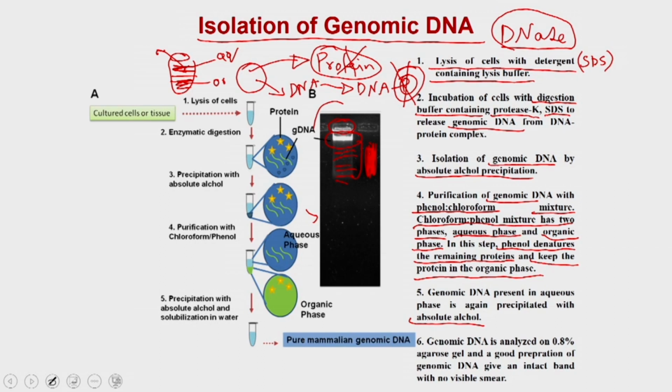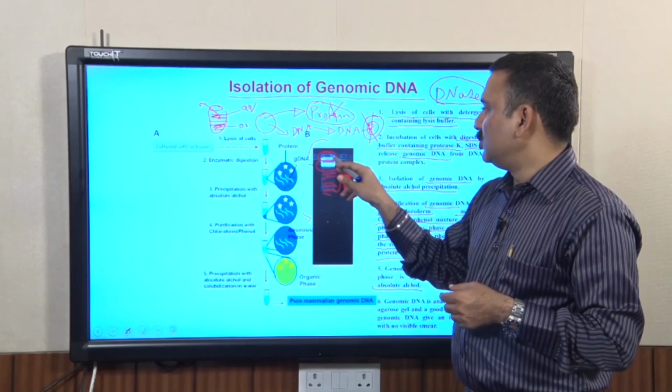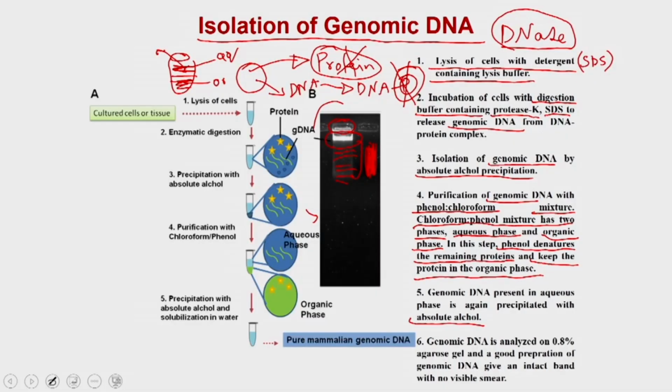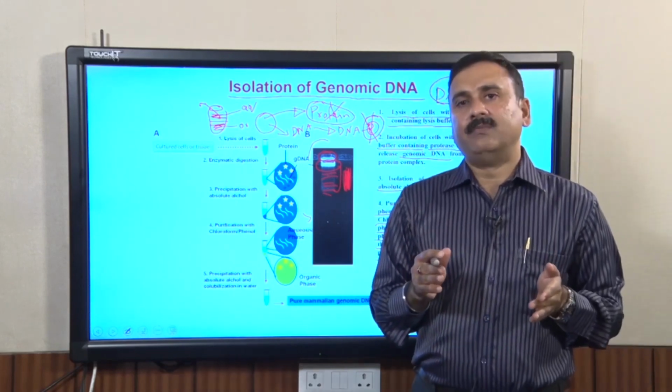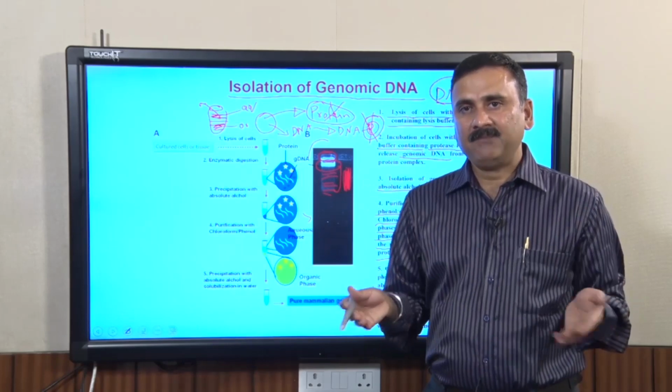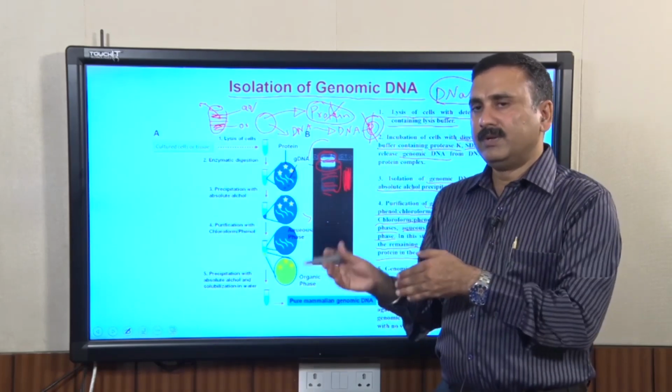Sometimes it also happens that you may not be pipetting properly, and because of that the genomic DNA gets broken down into multiple pieces, and that also appears like a smear on the gel. So, now we have purified the genomic DNA from the cell, and now we will move on to the next step.